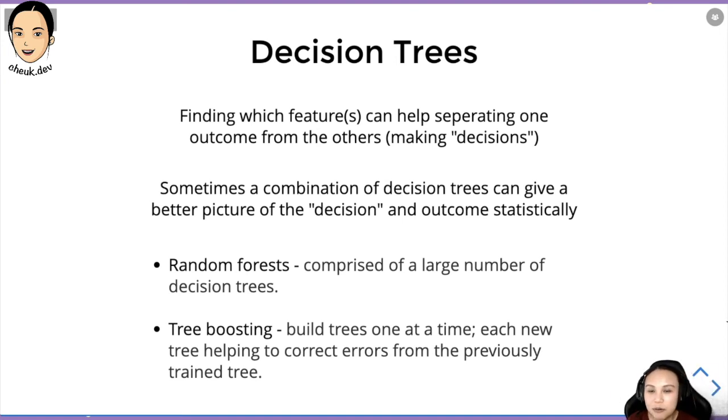Which features can help separate? From the training data that I got, I would see which feature is actually helping to make the decision. In this case, after running some experiments with the training data, the algorithm decided that there's a high relation between gender and survival.